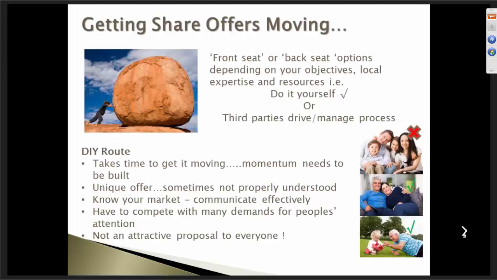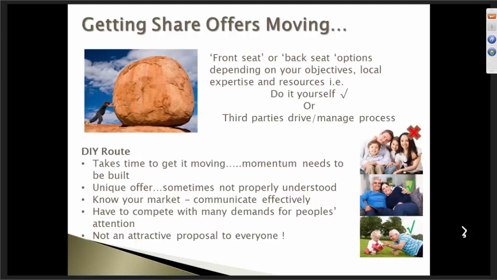The other option is to appoint another organisation, such as another cooperative or consultancy, to manage the process and take a stake in running your project. It really just depends on your own objectives, plus the expertise and skills available to you and how well resourced you are as a group.